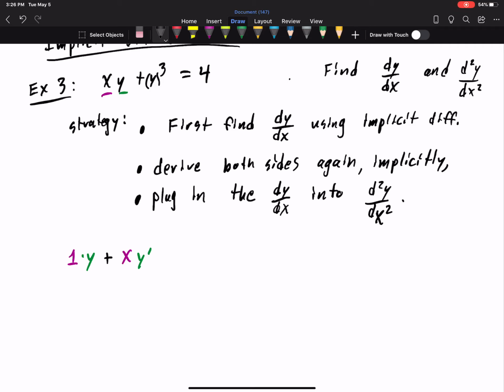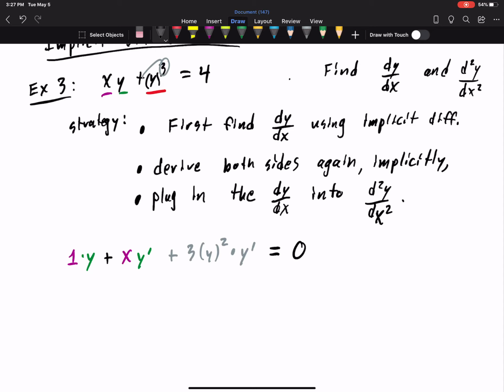All right, so now we need to derive the second term. So power rule mixed with chain rule, bring the 3 down, subtract 1 from the exponent. So you have 3y squared times the derivative of the inside, which is y prime. Okay, so that derives the second term. The third term on the right-hand side of this equation derives to 0.